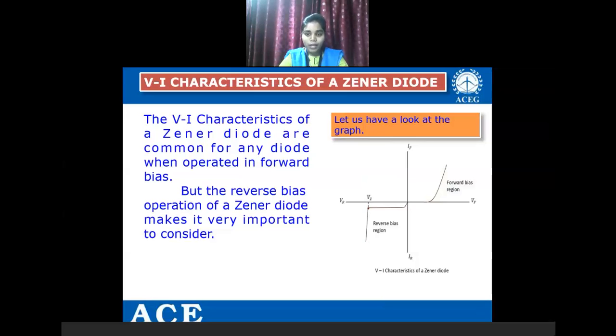This is why a Zener diode is very special. This is why a Zener diode is going to act as a voltage regulator. And by this phenomenon only, a Zener diode is used in voltage limiting circuits, right? And a Zener diode is used for what? Voltage reference also, right?